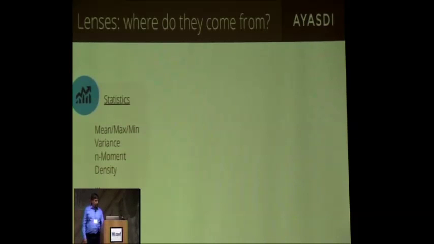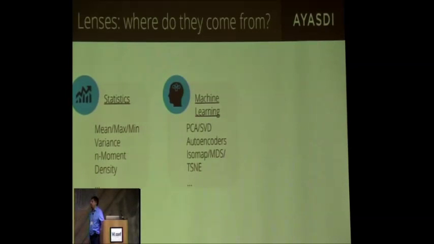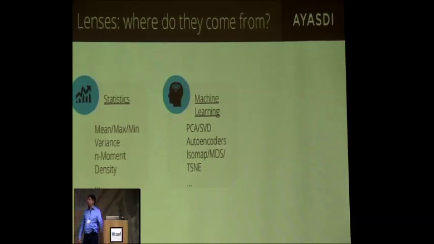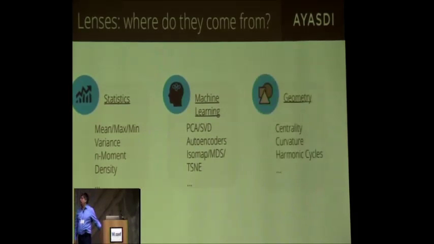They make great summaries. Machine learning provides another source: PCA, SVDs, autoencoders, various sorts of dimensionality reduction. These are all good lenses. And then there's also geometry.